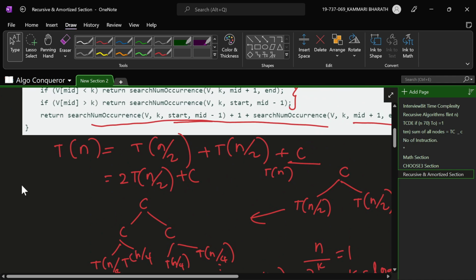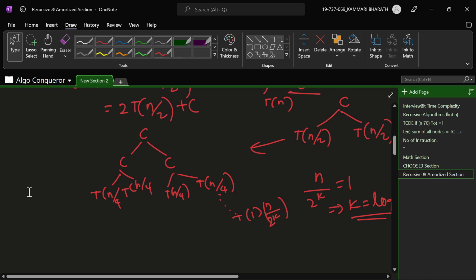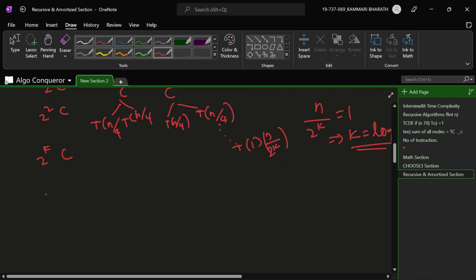Now see this. You have to calculate the sum of all nodes in this tree. The first level contains only C, the second level contains 2C, then 2 square C, until 2 power k C, where k is log n. And this is a geometric progression, as you already know.